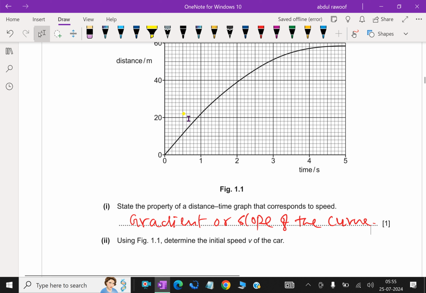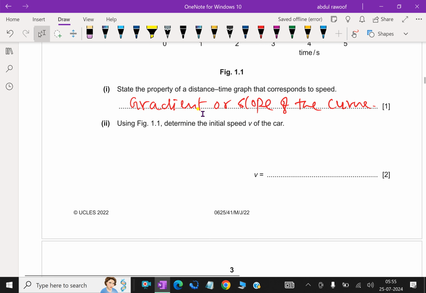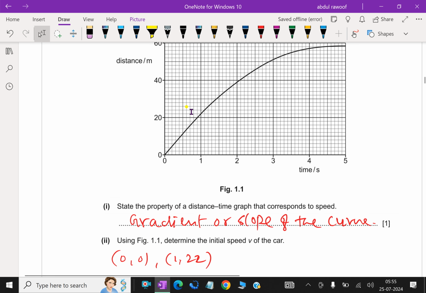So the coordinate points are 0, 0 and at x is 1, y is 22, because each small division is 2.